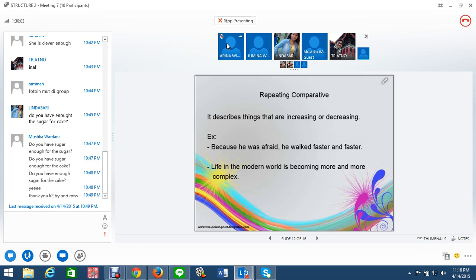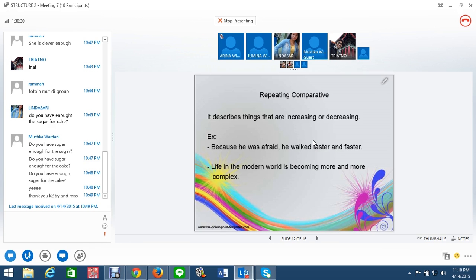Okay. It should be, okay, jadi repeating komparatif itu namanya juga repeating, pengulangan sesuatu yang meningkat atau yang berkurang. Example, because he was afraid, he walked faster and faster. Repeat, mengulangi kembali. But here in your module, actually materi yang di repeating komparatif di sini seharusnya ada di double komparatif.